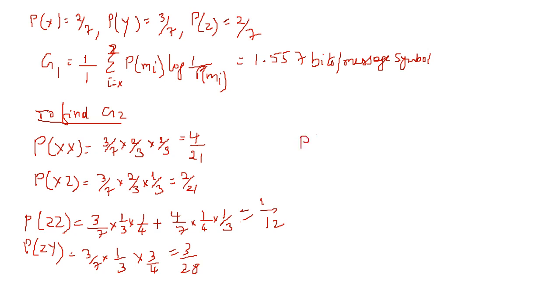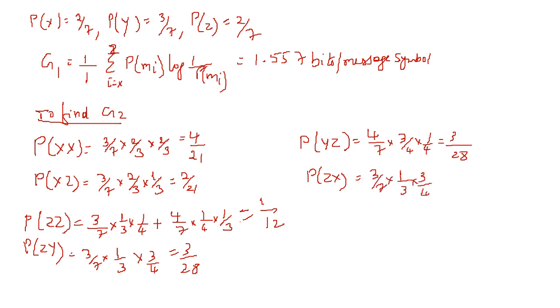Then you can write P of YZ equal to 4 by 7 into 3 by 4 into 1 by 4, which is equal to 3 by 28. Next you have P of ZX, which is equal to 3 by 7 into 1 by 3 into 3 by 4, which is equal to 2 by 21.